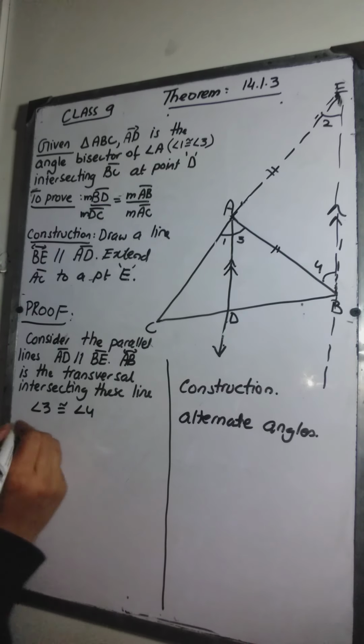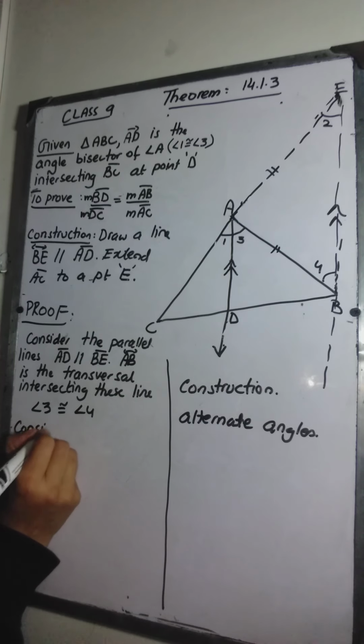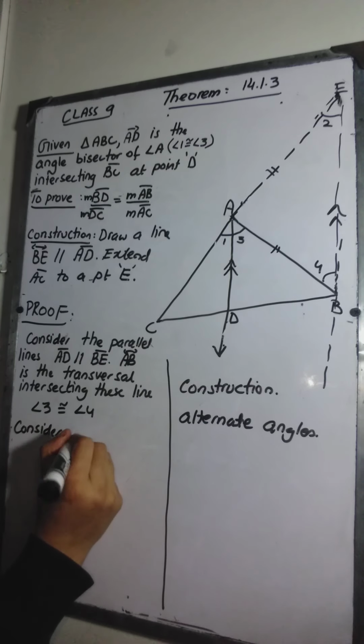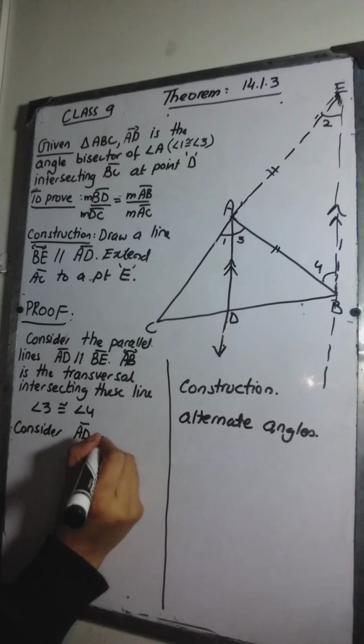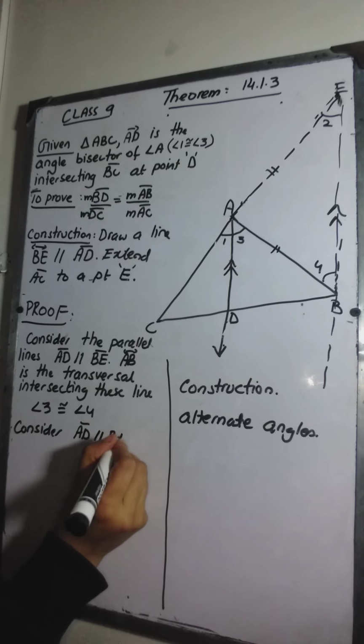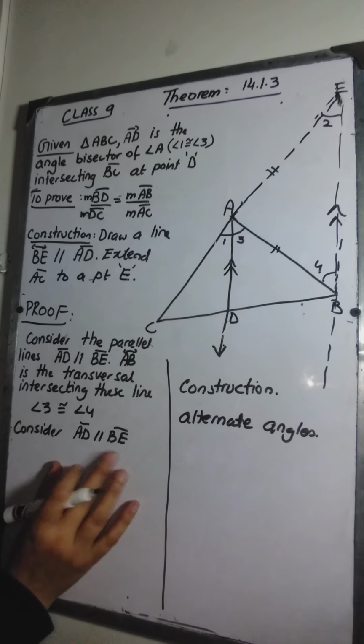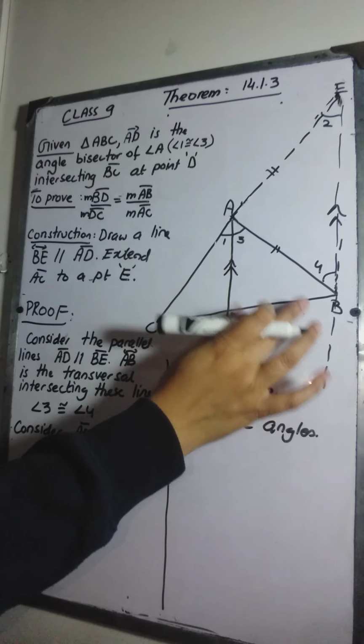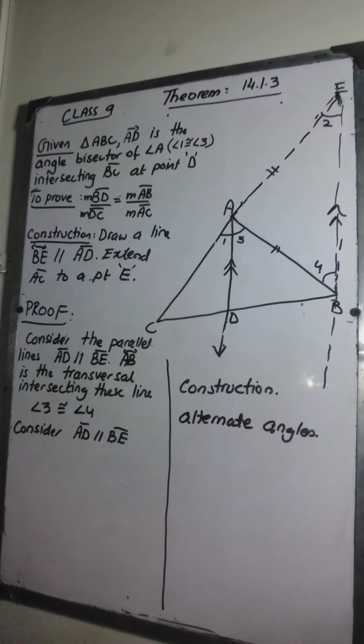Now again consider the parallel lines AD and BE, but this time the transversal is not AB. We are going to take another transversal.